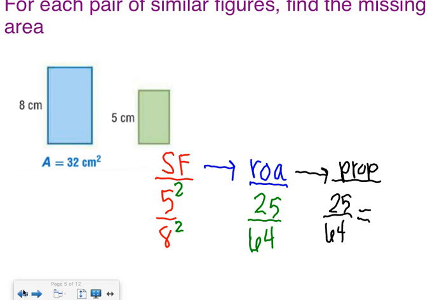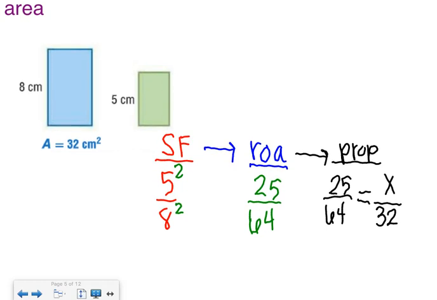do I know the area of the small guy? No. Do I know the area of the big guy? 32. And now I know you guys know how to solve proportions. We've done that before. How do you solve it? Cross multiply. Okay, get a head start, and I will join you.